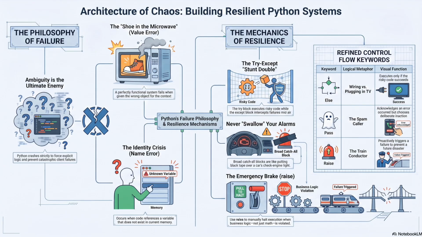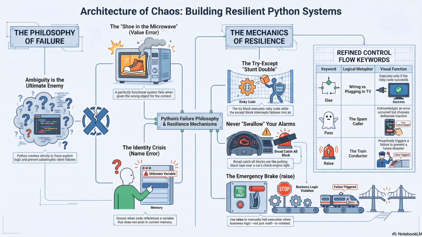Deliberate. Absolutely. In software architecture, ambiguity is the ultimate enemy. Think about the implications of an interpreter guessing your intentions. Okay. It might guess right 9 times out of 10, but on the 10th time, it might guess that instead of writing to a local cache, you meant to drop an entire production database table. Oh, wow. So an incorrect guess at a massive scale. That would be a resume-generating event. Exactly.